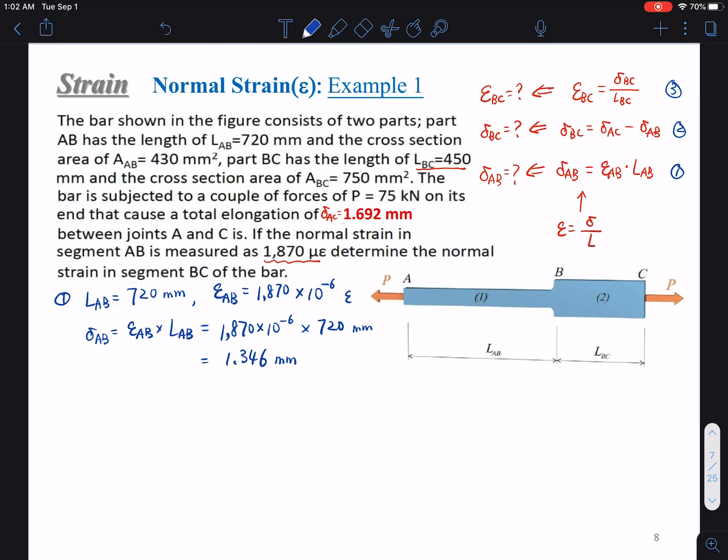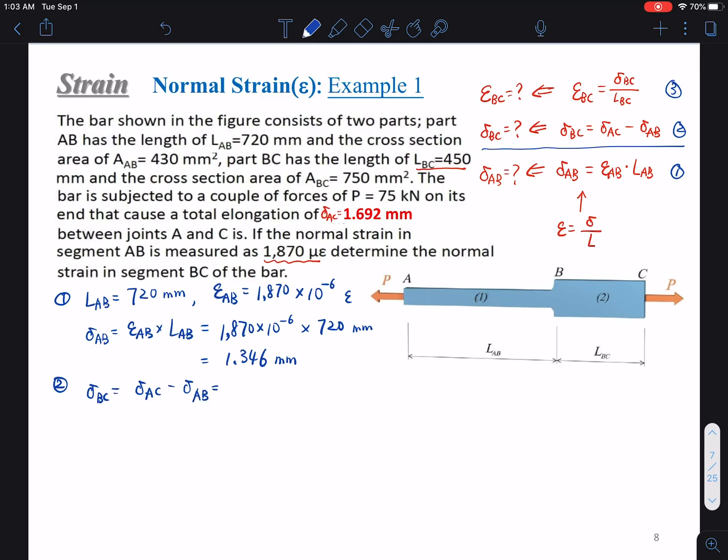Then in step 2, we're looking at this equation. We are calculating delta BC. So delta BC equals delta AC minus delta AB.